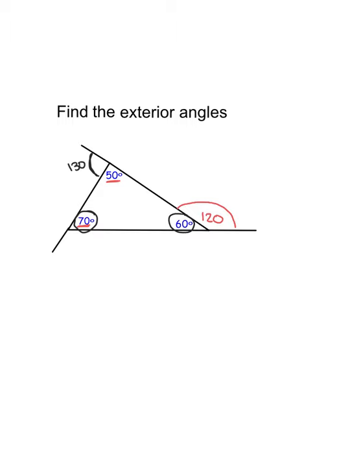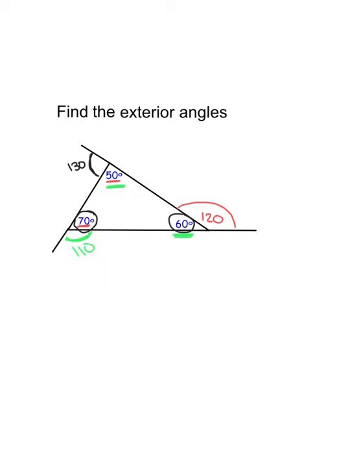So that angle there is 130. If I wanted to find this angle outside here, I would go to the two non-adjacent or remote interior angles, and 50 plus 60 gives me 110.